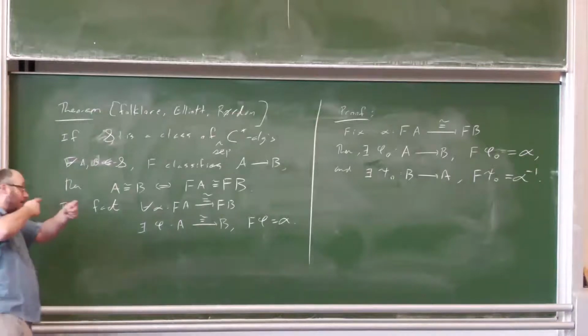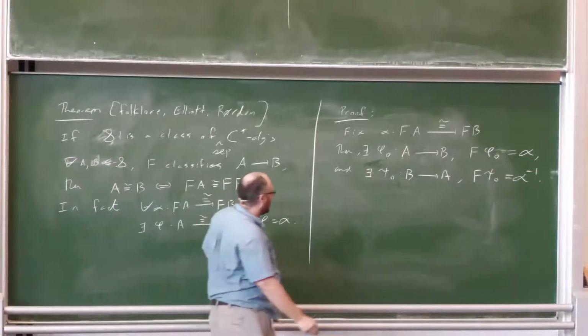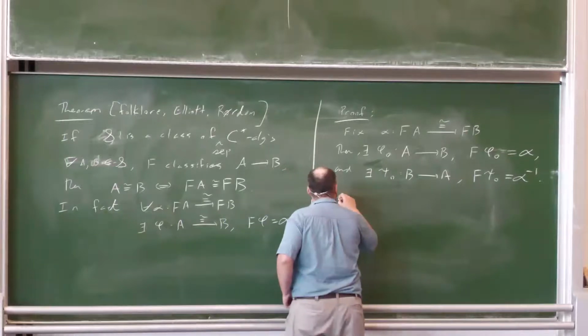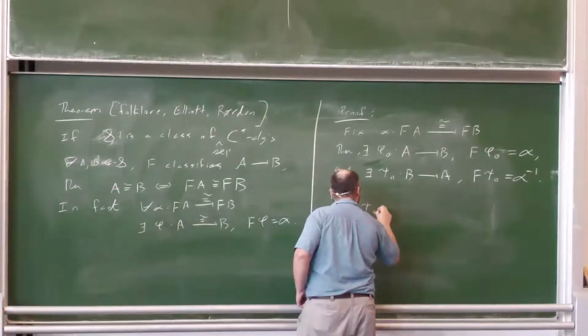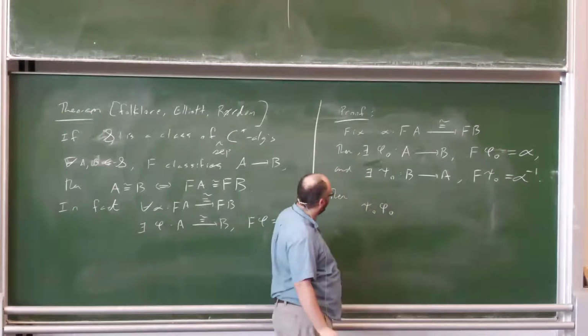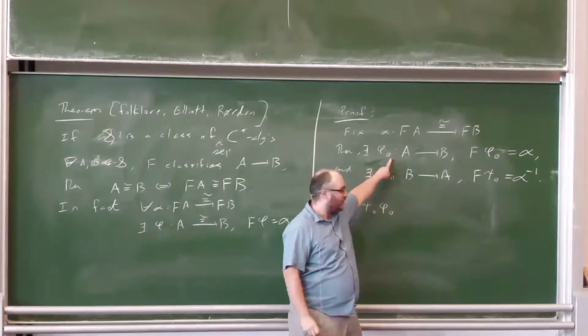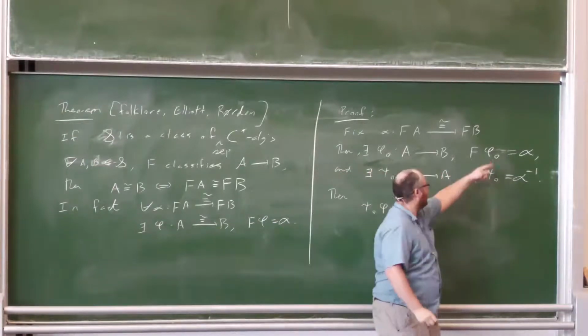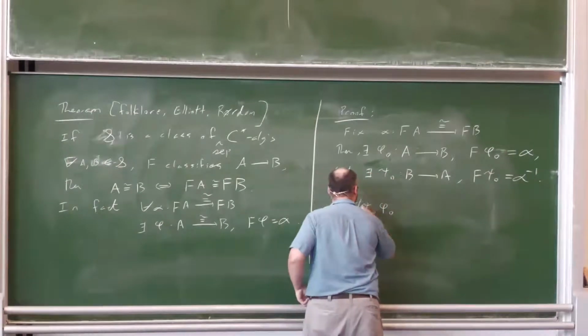And now the game is to compare the compositions to the identity. If you look at, say, psi naught phi naught from A to A, on the functor that's alpha inverse alpha, which is the identity.